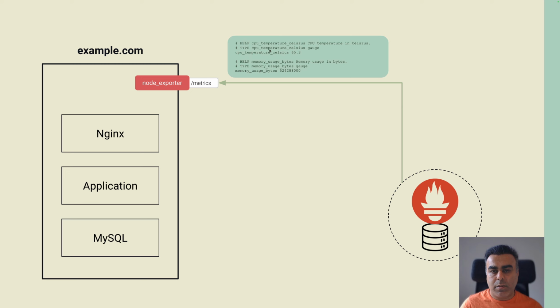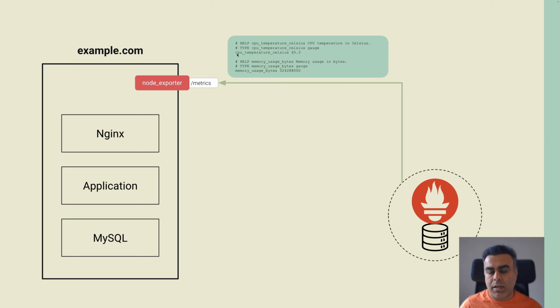This is a text-based format that is defined by Prometheus. Prometheus invented this structure of exposing the metrics. So this response is very familiar to Prometheus, and Prometheus can extract data from it.